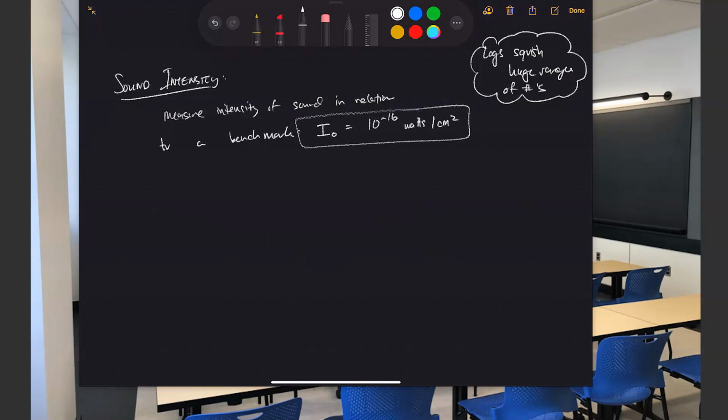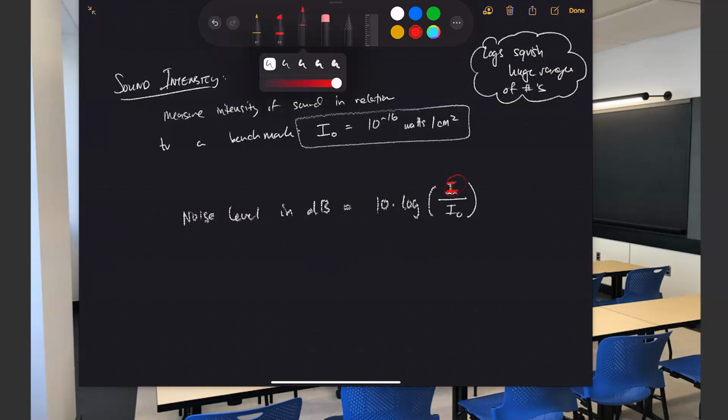So the noise level, in the units of decibels, which you've probably heard of before, is 10 times log of I over I naught. I'll put I in red because this is really the input. If we can measure the intensity of a sound, we can get the noise level in decibels using this formula.